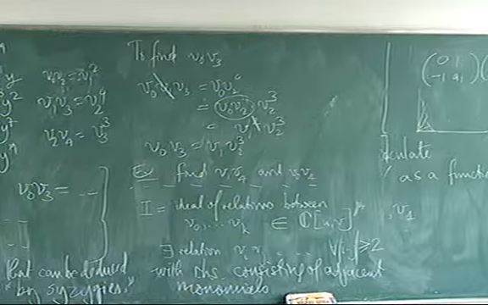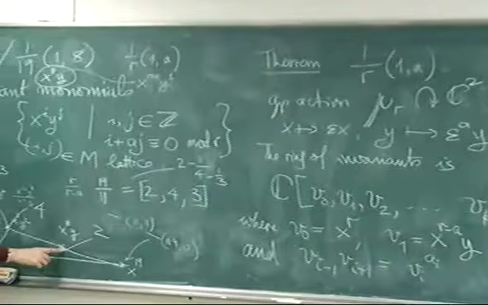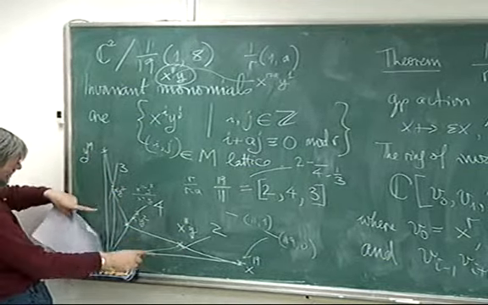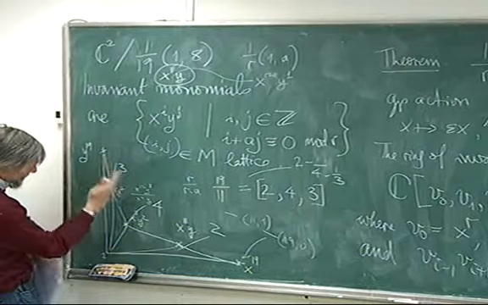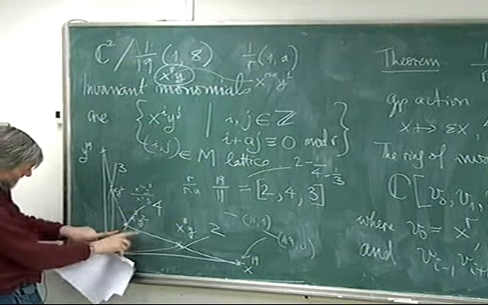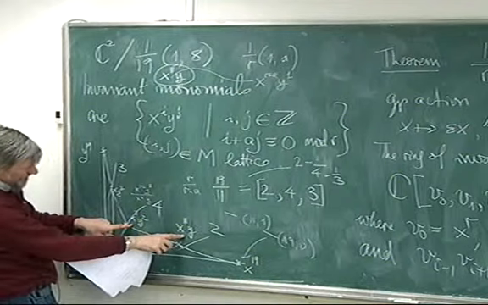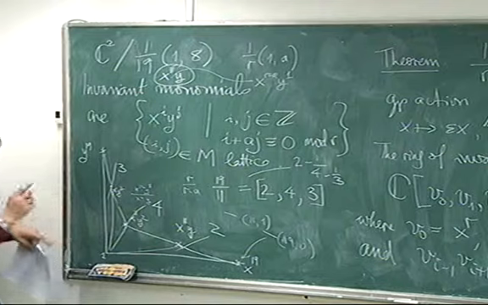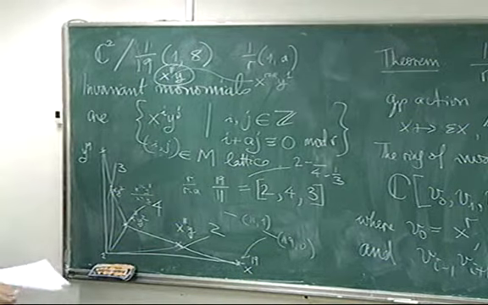Okay, so the assertion here is, if I take any two of these monomials that have appeared here and take the product of them, then they will fall in exactly one of these cones. And as far as these cones are concerned, these two form a basis over Z of the lattice of invariant monomials.